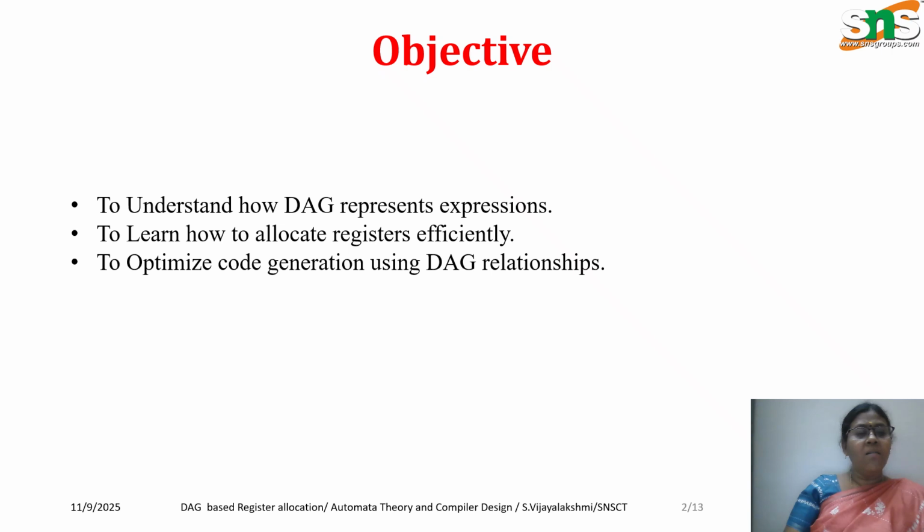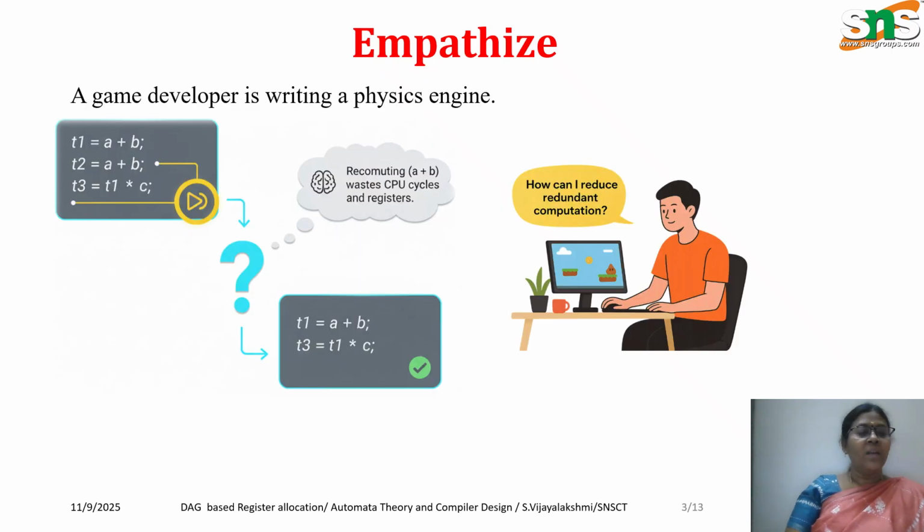Our objectives today are, first, to see how a DAG represents expressions and learn how to allocate registers efficiently, and third, to see how tag relationships help us optimize code generation by avoiding redundant computations.